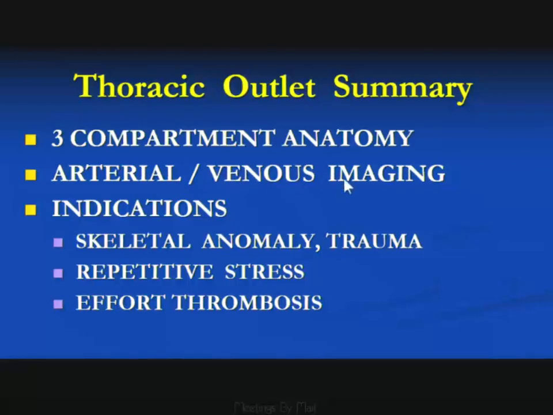Venous imaging is really done in patients who have venous obstruction, often patients who've had interventions with thrombolysis and angioplasty. So again, skeletal anomaly or trauma, that's, again, just reiterating the patients with cervical ribs. Repetitive stress, we've talked about that, and effort thrombosis really affects the venous side.